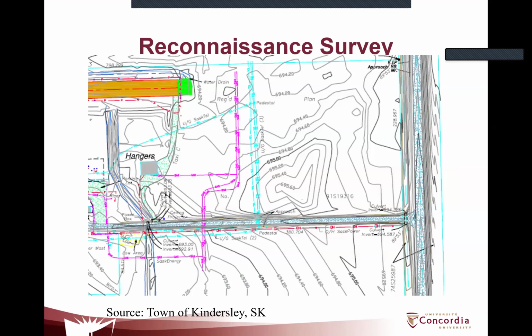Of course, you also have to consider what is underground. And believe it or not, there's multiple lines passing by underground. For example, in this case, you have here in Saskatchewan, in a town called Kindersley, the top is the runway of the airport and some hangars can be seen there. But you have underground the telecommunications, the fiber optics, the gas for heating purposes, and you also have the potable water pipes running.